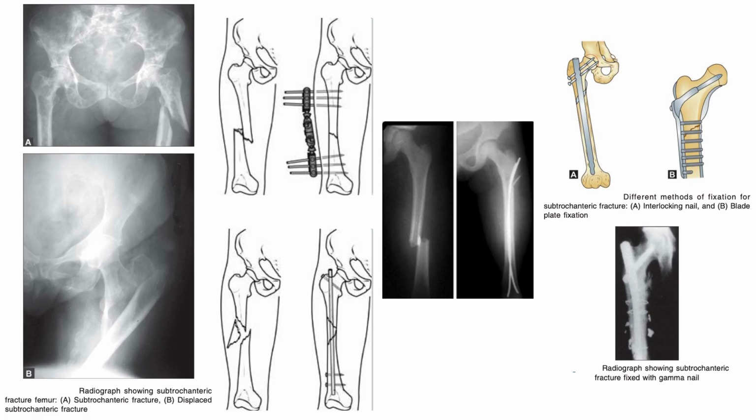You can see this in the radiograph image on the bottom right side. The patients can be mobilized immediately with this method because it's much more stable compared to others. However, care must be taken to avoid any kind of technical errors. Also, the Russell Taylor reconstruction nail has greatly improved the fixation methods of subtrochanteric fracture.